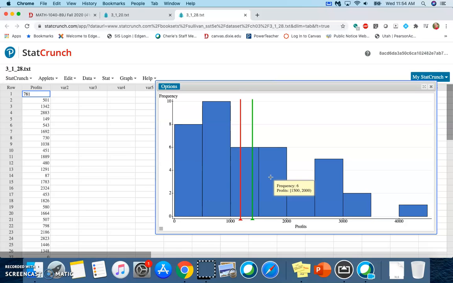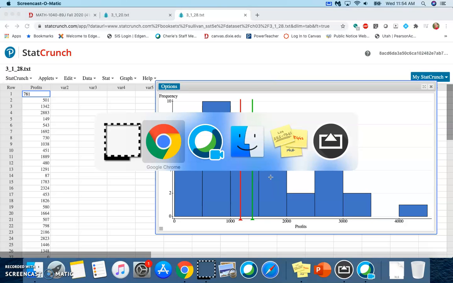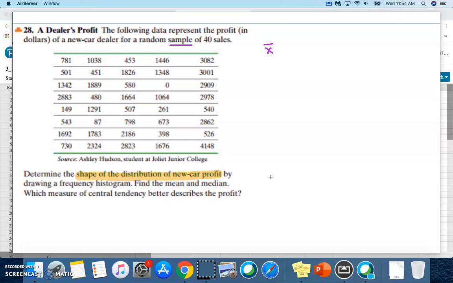So in this case, coming back to our question here, when you're skewed, you would want to use the median in place of the mean, because the mean is affected by these extreme values.